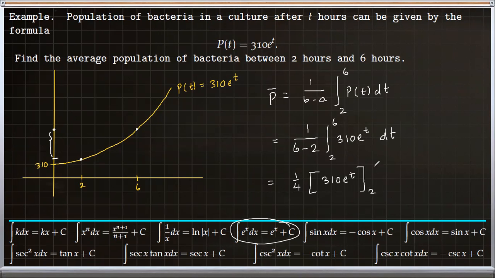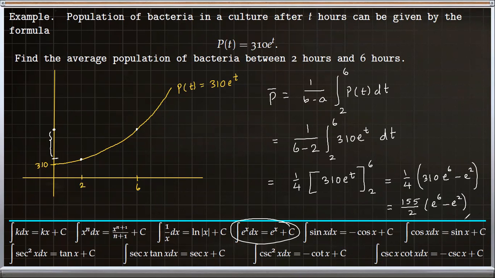And we evaluate this from 2 to 6. So this will come out to be 1/4 times 310 times e to 6 minus e squared. And I can divide 310 by 4 to get 155 by 2. Then we are left with e to 6 minus e squared over here. So this is the average value.